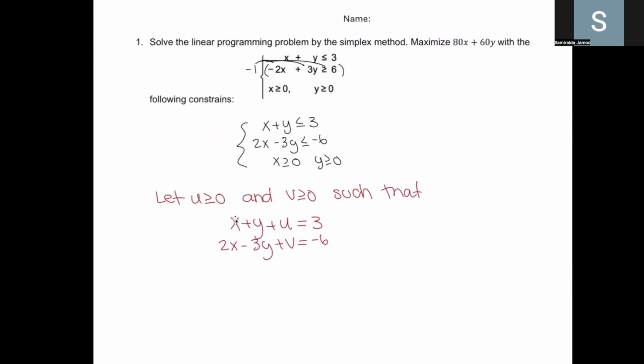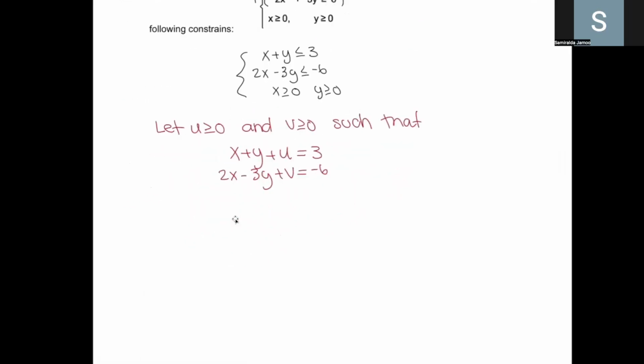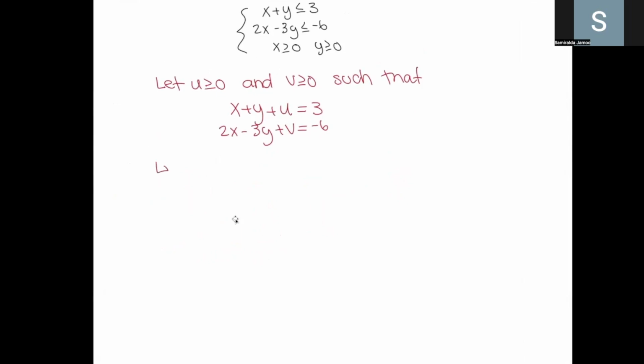And I also want to maximize this objective function up here. So let m greater than or equal to 0 be as large as possible such that m is equal to my objective function, which was 80x plus 60y.